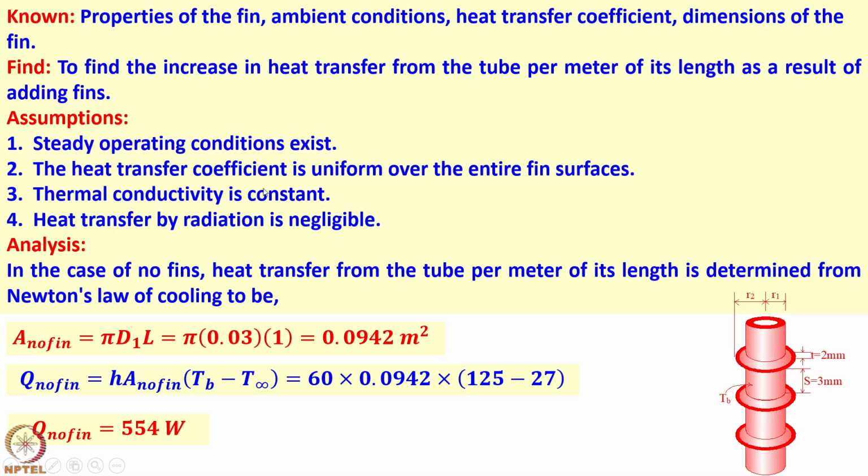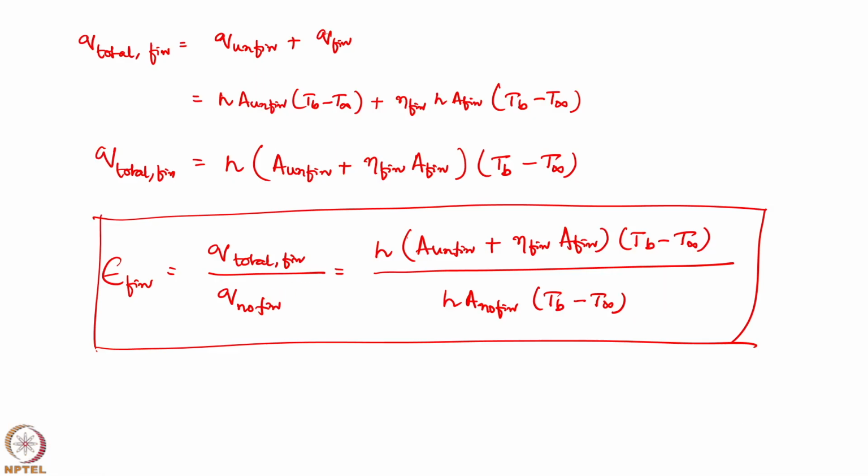So now what we will do is area of the no fin. Area of no fin is equal to pi d1 into L. Pi into d1, that is a bare pipe, that is 0.03 into 1. So you get 0.0942 meter squared.